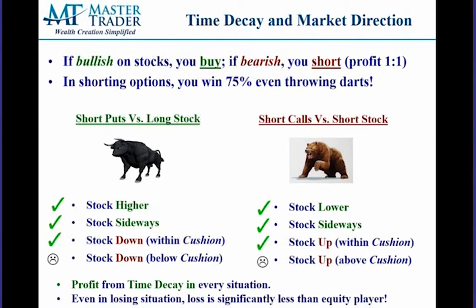The stock trader is frustrated. His investment has gone nowhere, so he's just tied up capital and that's it. If the stock goes down within my break-even point, which I'll show you, I still win. The stock buyer would have a loss. And then depending on how much it went down, if it goes below my break-even, well, then I've lost money also, but I now own my underlying asset at a discount.